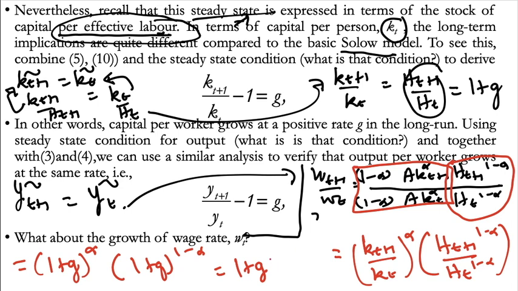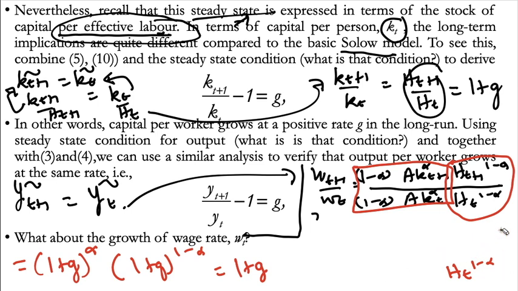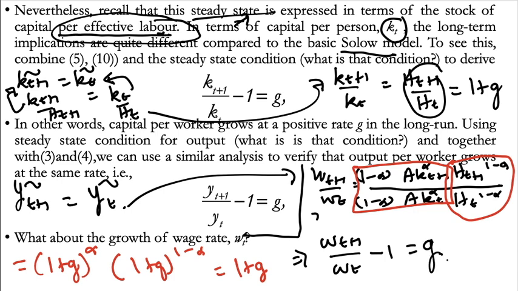But if you want the growth rate, which is g, you just rearrange it. Then we can rewrite it as w_{t+1} over w_t minus 1. We bring 1 to the left-hand side, and we are left with g on the right-hand side. So that is the growth rate of the wage rate w_t.